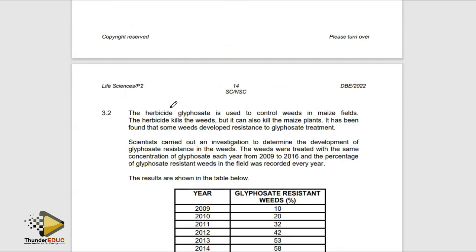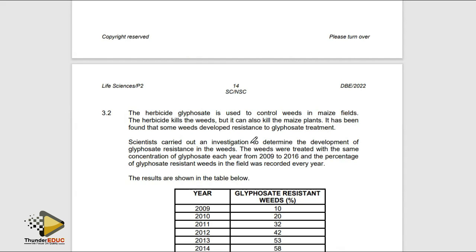Herbicide is a chemical which kills a plant. Glyphosate is used to control the weeds in maize fields. The herbicide kills the weed, but it cannot kill the maize plant. The herbicide kills the weed, but it can also kill the maize plants. It has been found out that weed developed resistance to glyphosate treatment.